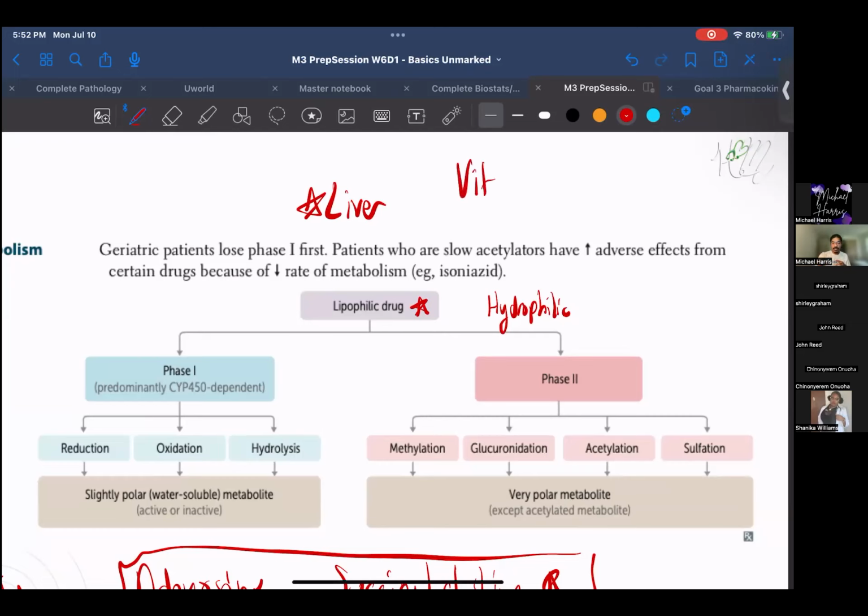Let's say vitamin C. Vitamin C is a water-soluble vitamin. Why is it hard for you to overdose on it? You pee it out. Exactly, with hydrophilic, you pee it out.